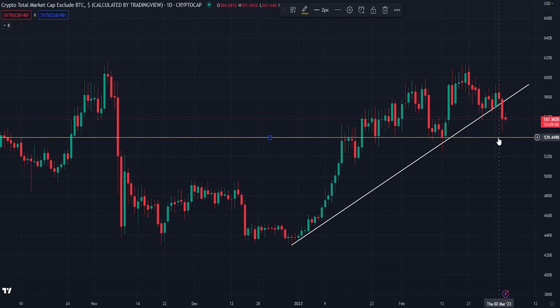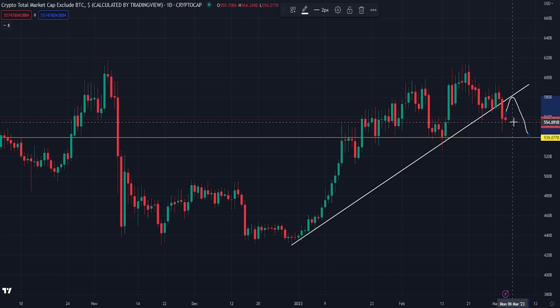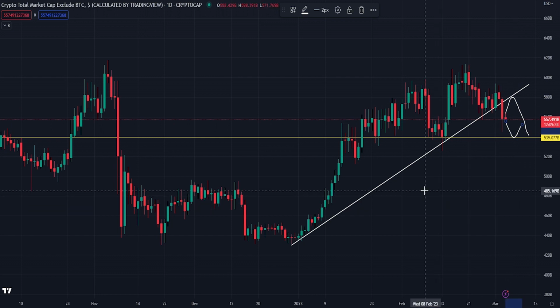We may get a push up to retest the recent breakdown before that happens, so for example, a move back up to 580 billion before coming back down to 540. So we might get a little bit of relief in altcoins before that. Of course, there's every chance we may just go straight down to test this at 540 without any push up.